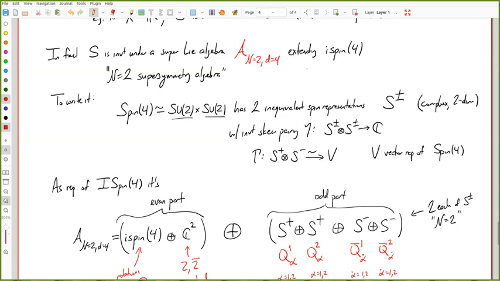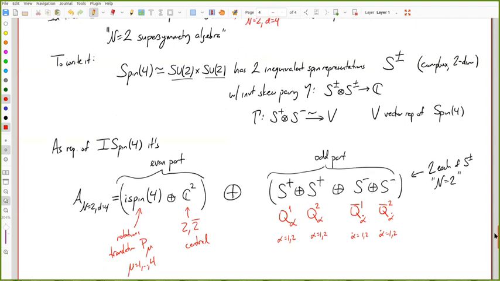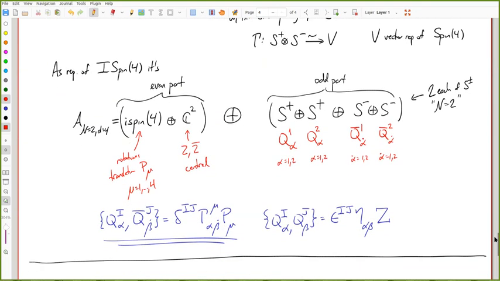So this is just some universal object that acts on supersymmetric field theories of this kind, and not only Lagrangian ones, but all the N=2 theories are acted on by this same algebra. But in particular, in Lagrangian ones, you can say very concretely what it means to be acted on by this algebra. It means just that this algebra acts on the field space, and that the action function is invariant.